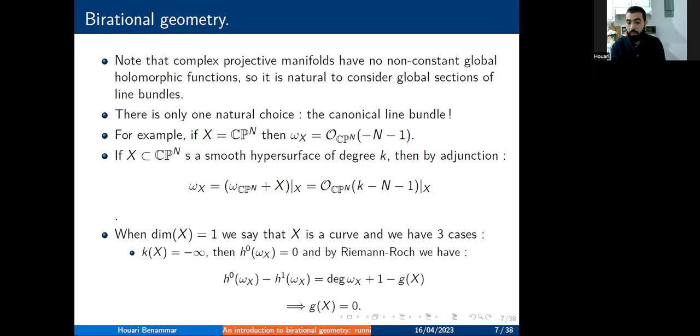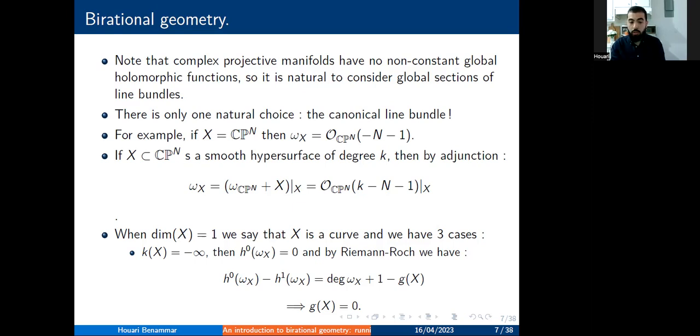Okay, so if X is a smooth hypersurface of degree k, that means a subvariety of codimension 1 with degree k, then by the adjunction formula, you can see that the canonical line bundle is O(k-n-1) restricted to X.